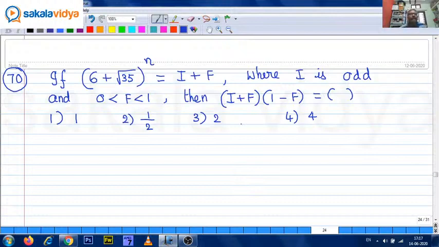If (6 plus root 35) whole to the power of n is equal to I plus f, where I is odd, 0 less than f less than 1, then (I plus f) into (1 minus f) we need to find out.